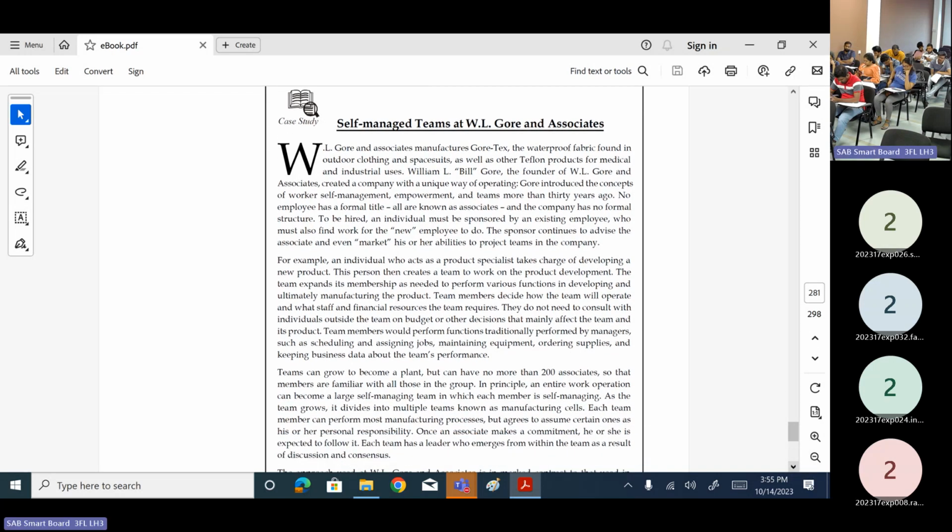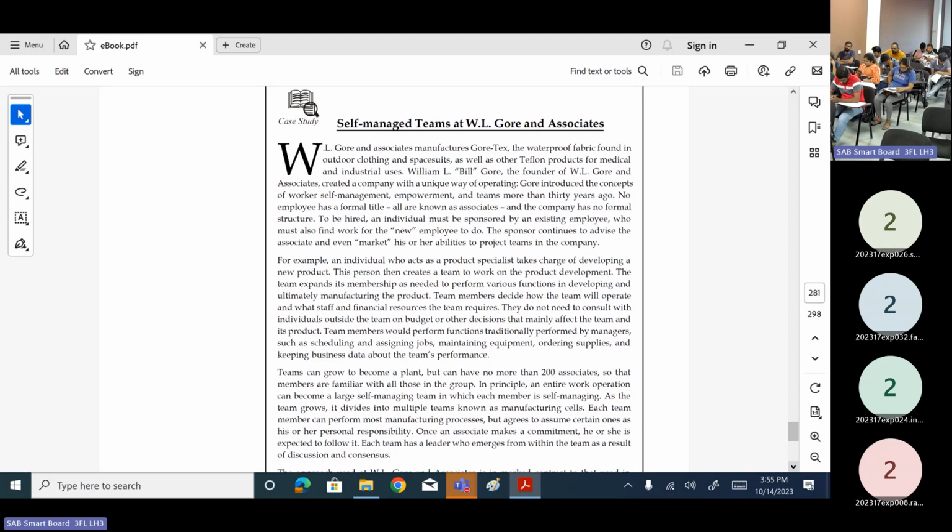For example, an individual who acts as a product specialist takes charge of developing a new product. This person then creates a team to work on the product development. Expertise should be used. The team expands its membership as needed to perform various functions. That's how we identify teams in developing.